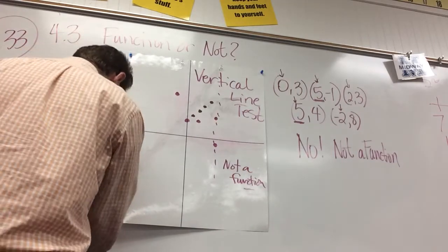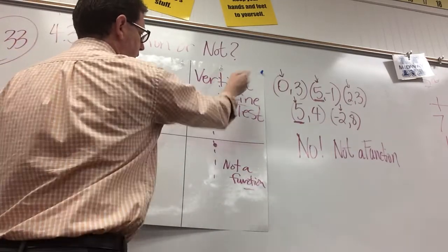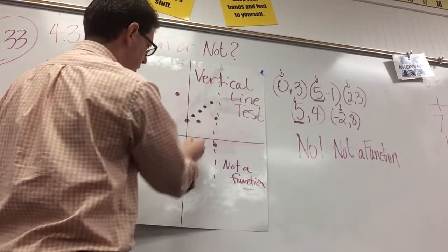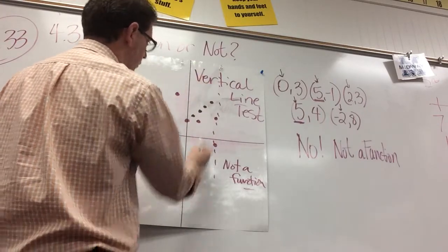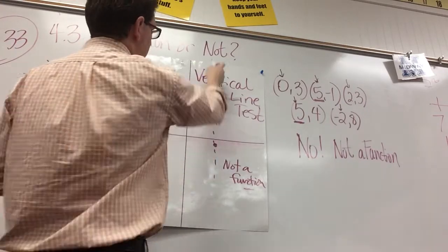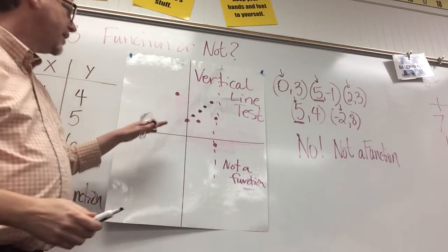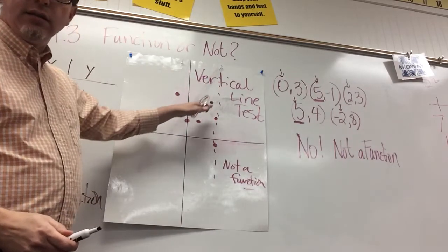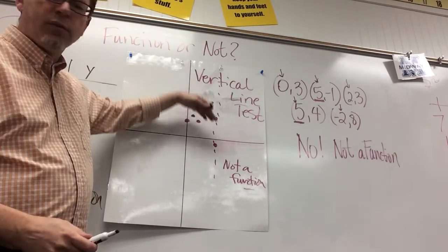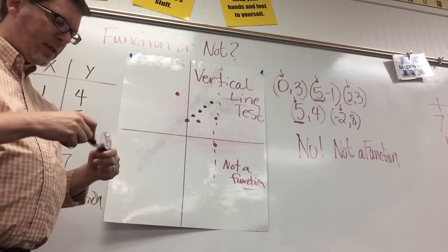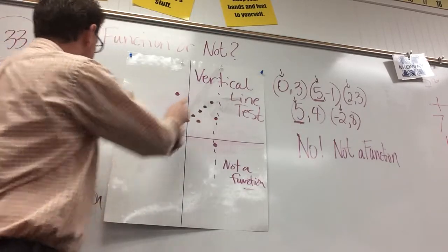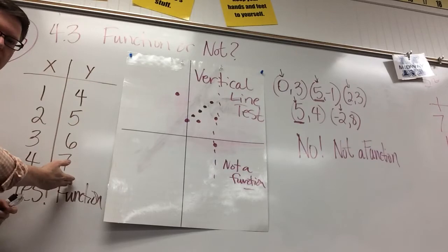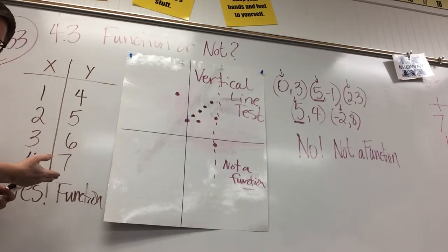Well, let's look at the brown example. I don't have any vertical lines that would pass through more than one brown point. So that proves again that this brown table here is a function.